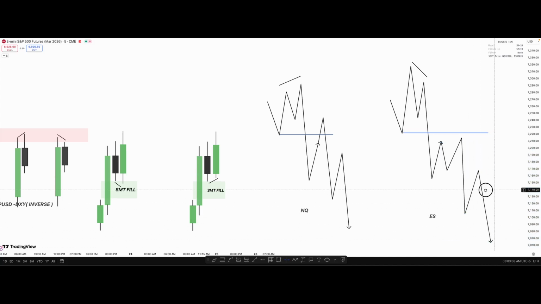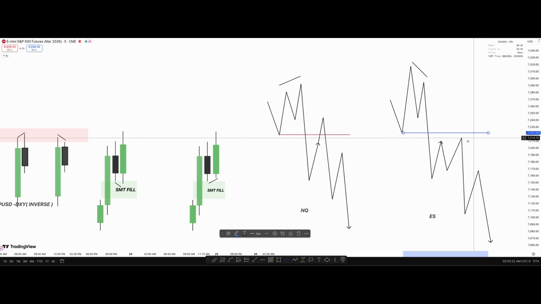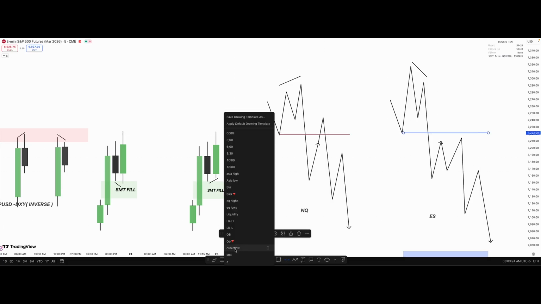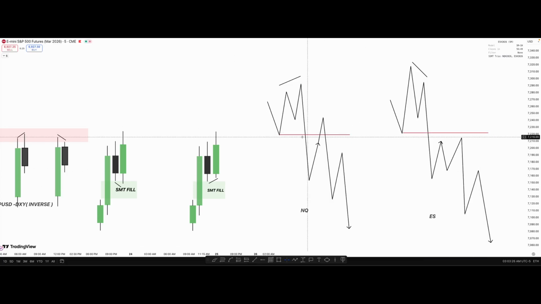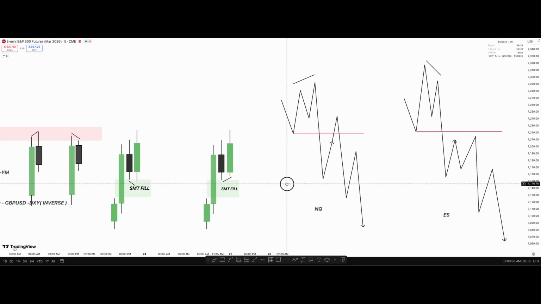So this is giving a visual confluence that we have this asymptotic fill situation here. This change in state delivery is also an order block, isn't it? Order block only, right? So that order block has been filled in NQ, but it has not been filled in ES, isn't it?